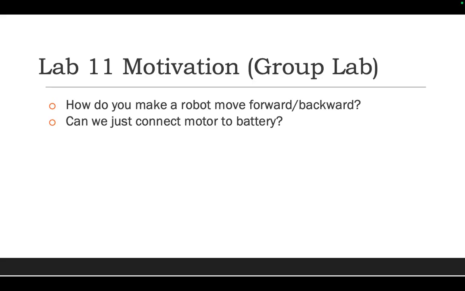If you hook up the battery, positive and negative, it'll move forward. But if you flip it, it'll move backwards. Yeah, that's true. So if you want to move forward, connect one positive, the other negative. If you want it backward, you need to grab it and change the battery's direction.